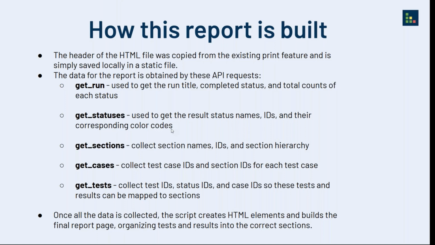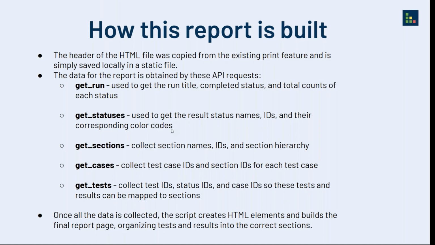So each test result has an ID and a name associated with it. So 1 is passed, 3 is untested, and off the top of my head, I'm not 100% certain what the rest of them are by default, but I believe 2 is blocked, 5 is failed. But anyway, you can use the GET statuses request to retrieve that information programmatically.